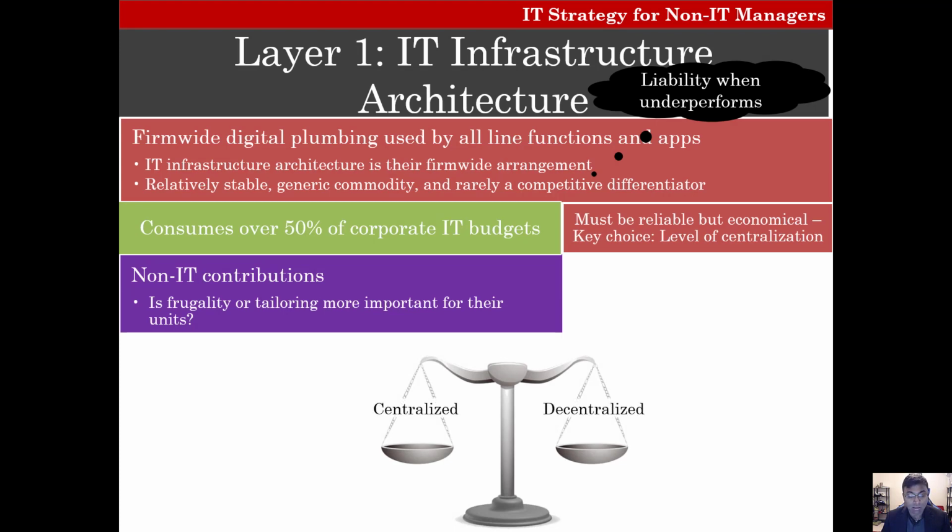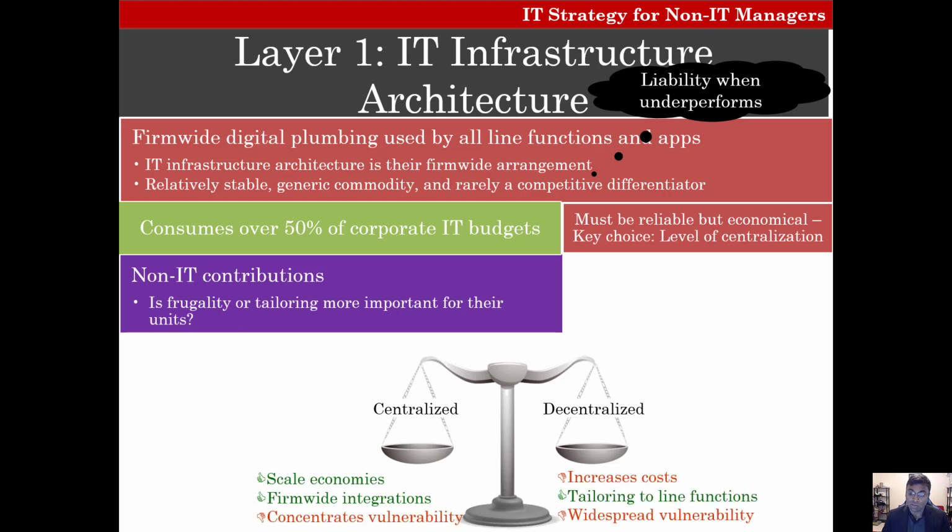Decentralization facilitates tailoring it to individual line functions' unique needs, but then increases the costs because of duplication. And of course, there is a hybrid, which is a mixture. Theoretically, we can talk about centralization and decentralization in two different buckets.